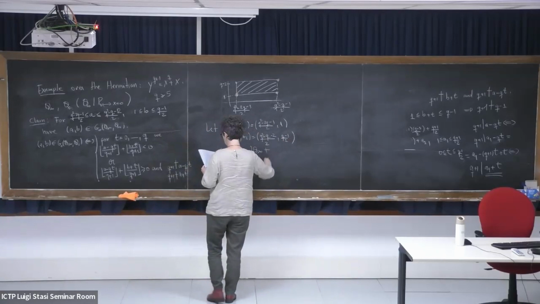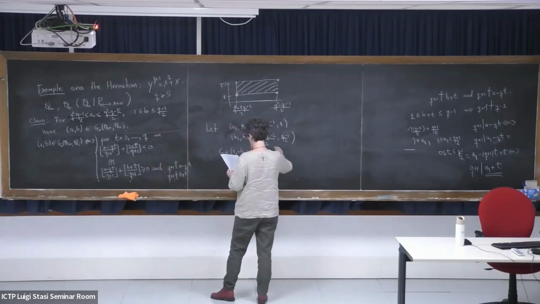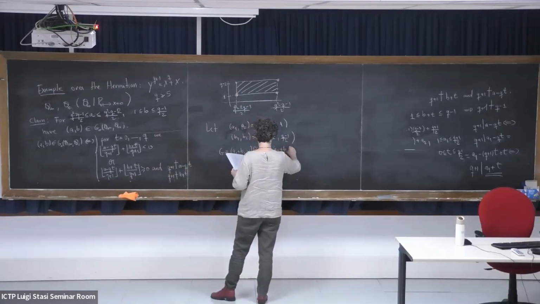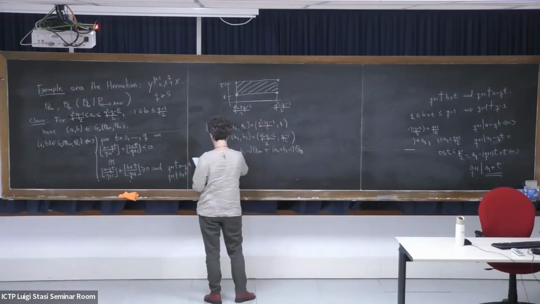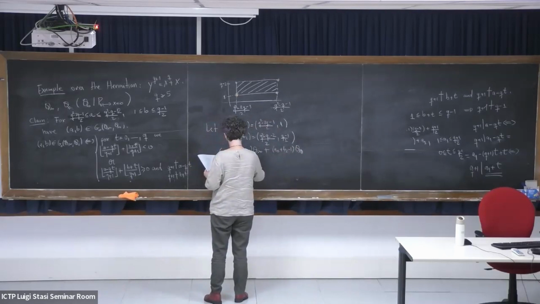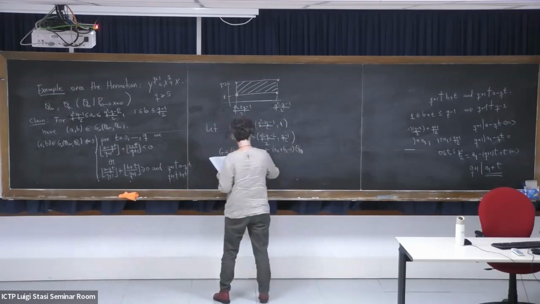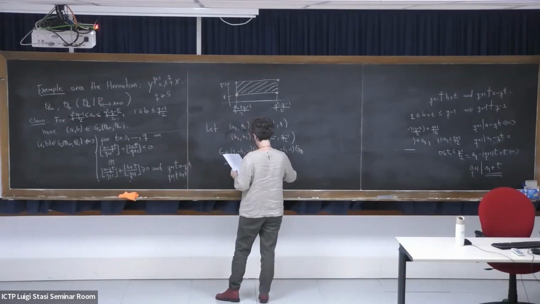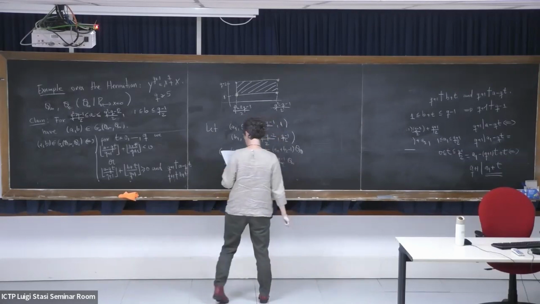I'll just copy here because, well, it's a bunch of calculations. So this is like (q squared minus 3q over 5) over 2 plus (q minus 1) over 2 to 0.